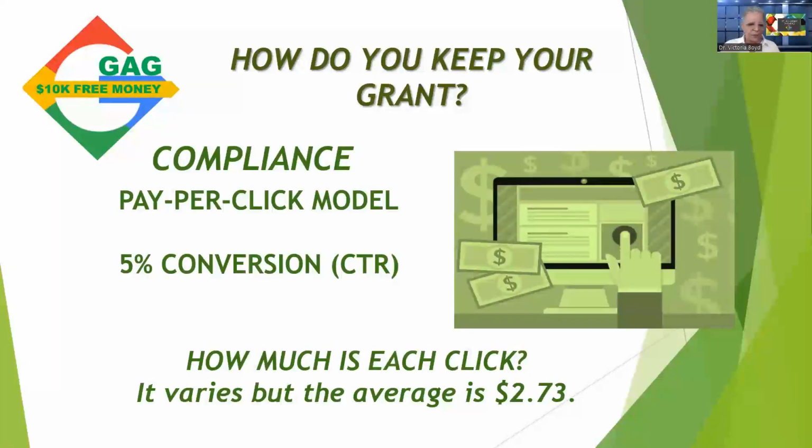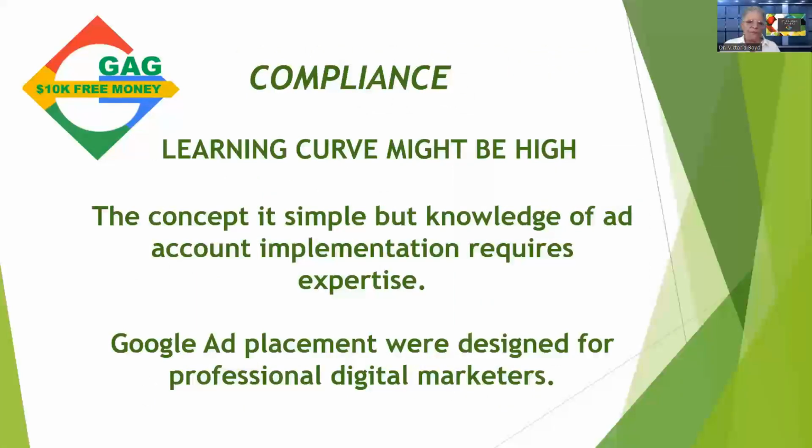So once you have and maintain that, that is wonderful. But what happens is with that compliance, there's actually a high learning curve because you have to really understand ad placement, ad creation. The concept is simple, but knowledge of ad account implementation requires expertise. And that's why, like I said, there's going to be more training on just some of those aspects, but I don't want to get into that.